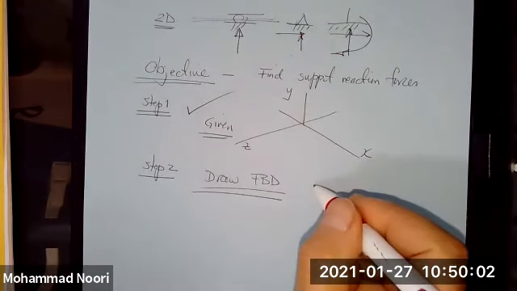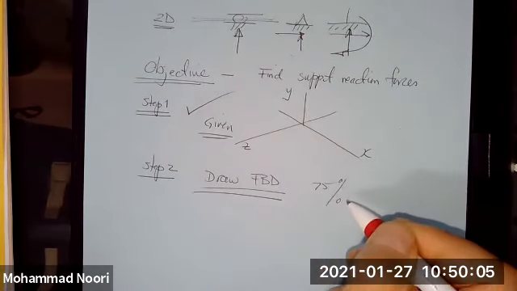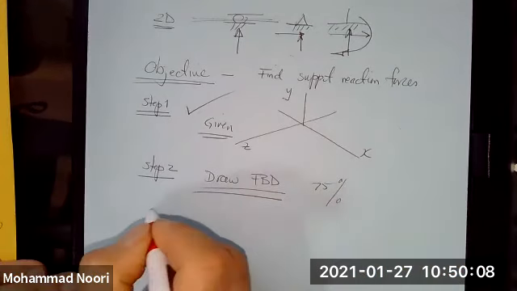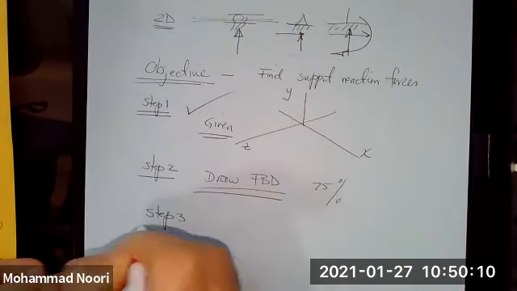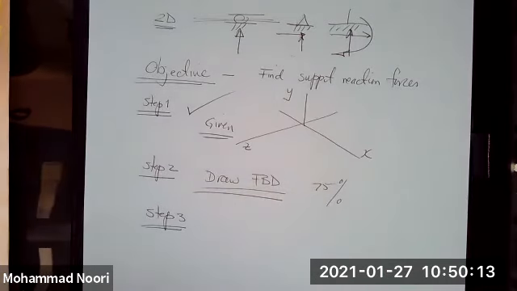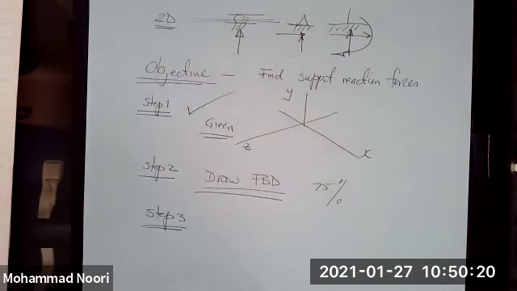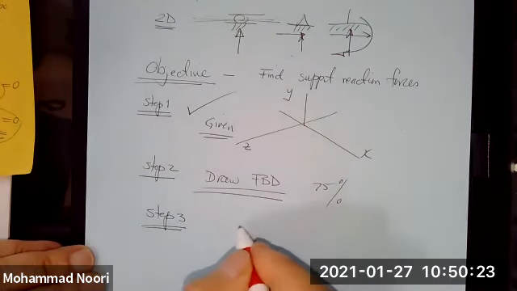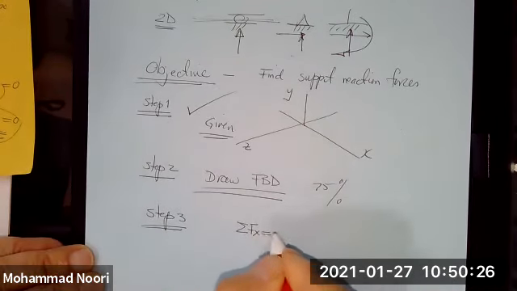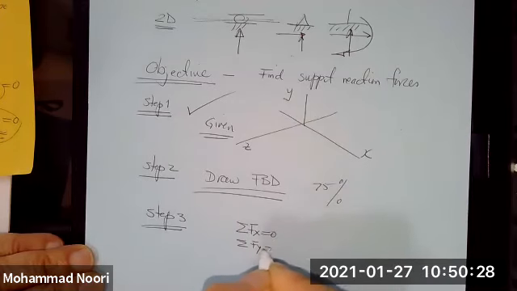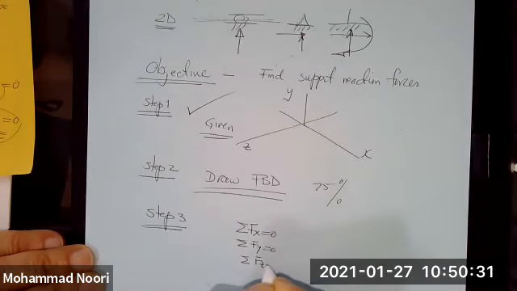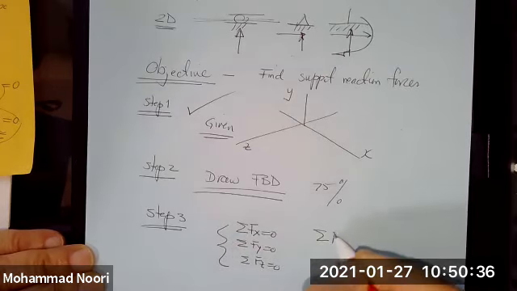So this is, again, 75% of the problem. But now, when it comes to step three, that's where the deviation from 2D happens. In 3D, you have 6 equations: summation of forces along X, summation of forces along Y, summation of forces along Z is equal to 0, and then summation of the moments of all forces is 0.